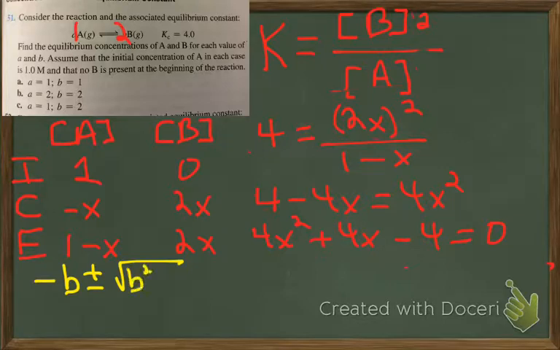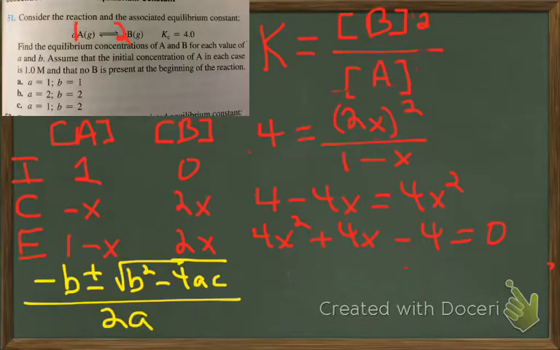I always sing the song in my head. Yeah, he still exists. You remember how to use the quadratic formula? What's all this BAC stuff? Well, if you label 4x squared A, 4x B, negative 4c. Standard form. But in this case, they're all 4. So I'm going to assume that you guys can do a quadratic equation.